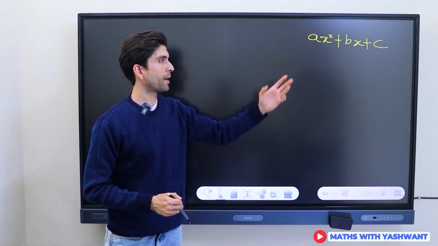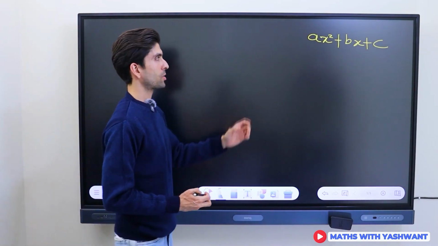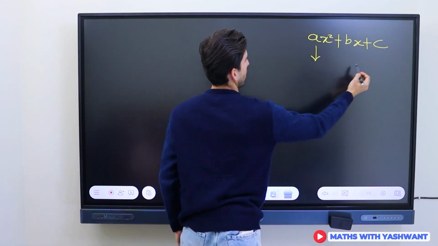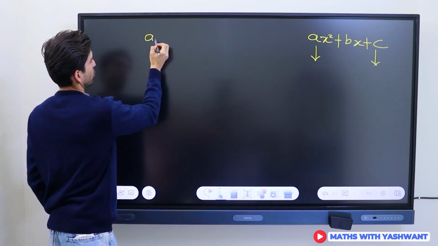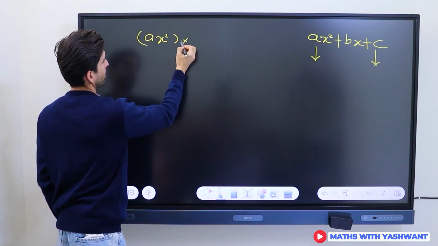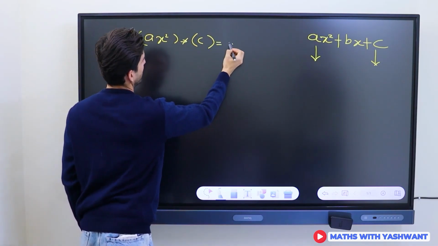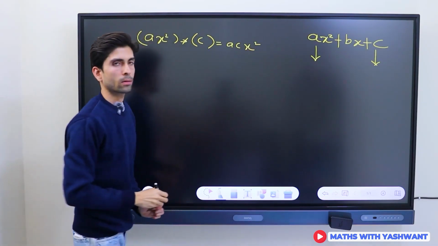Now let's understand how the middle term splitting method actually works for our quadratic ax squared plus bx plus c. Let's take the leftmost and the rightmost term and multiply them. So if we multiply ax squared and c, we get acx squared, right?